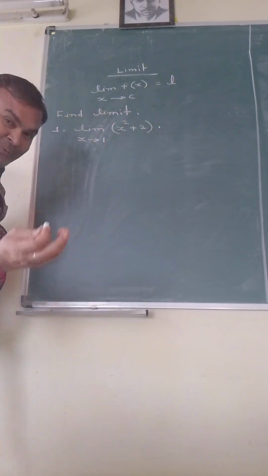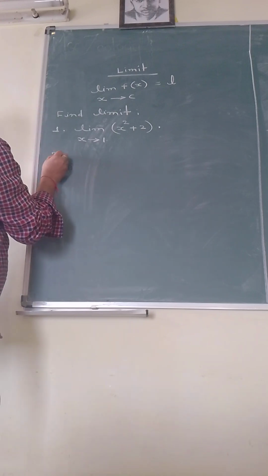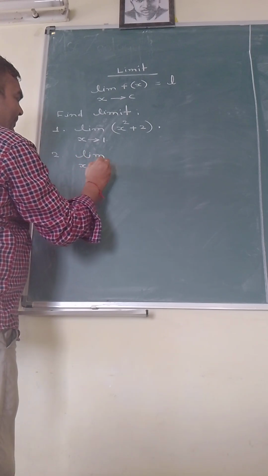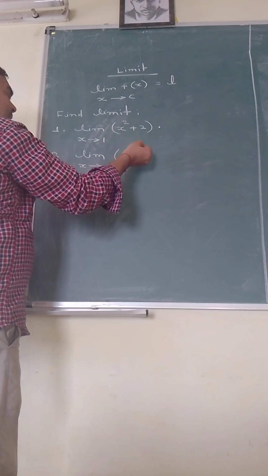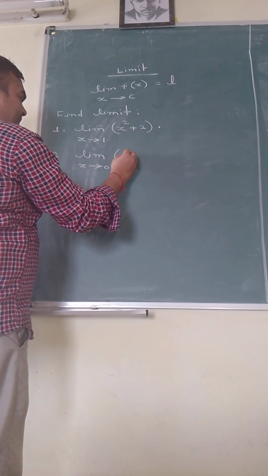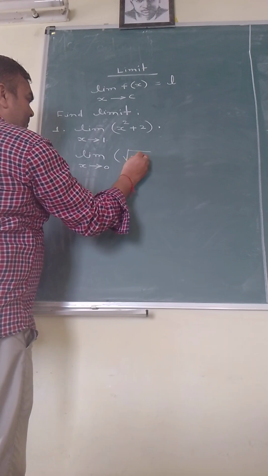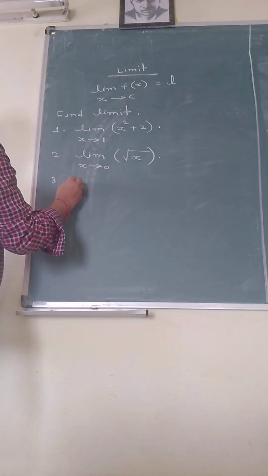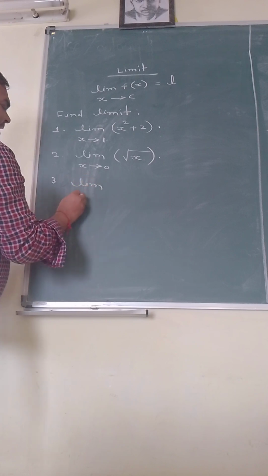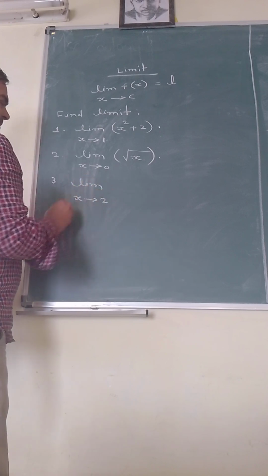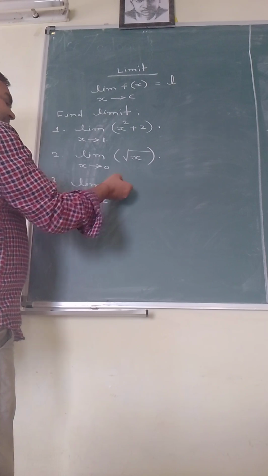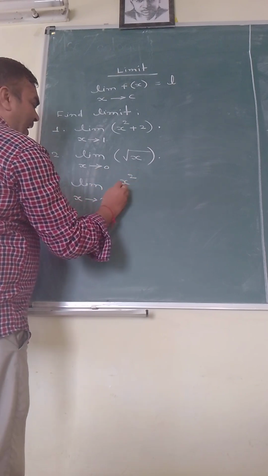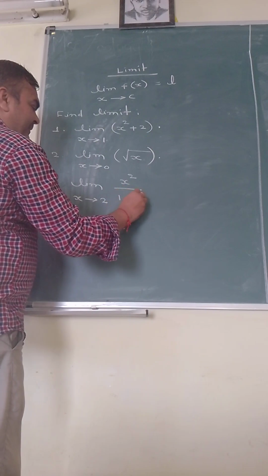You have to compute it. Next, limit x tends to 0, where the real valued function is the square root of x. Third one, limit x tends to 2, and the real valued function is x squared upon 1 plus x.